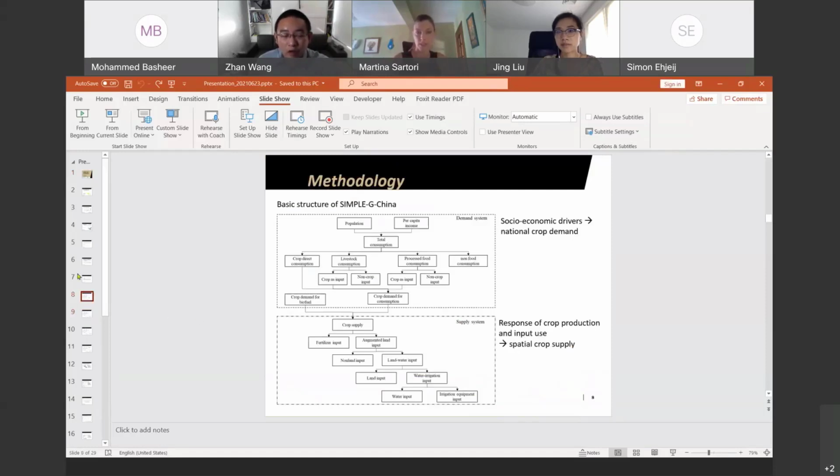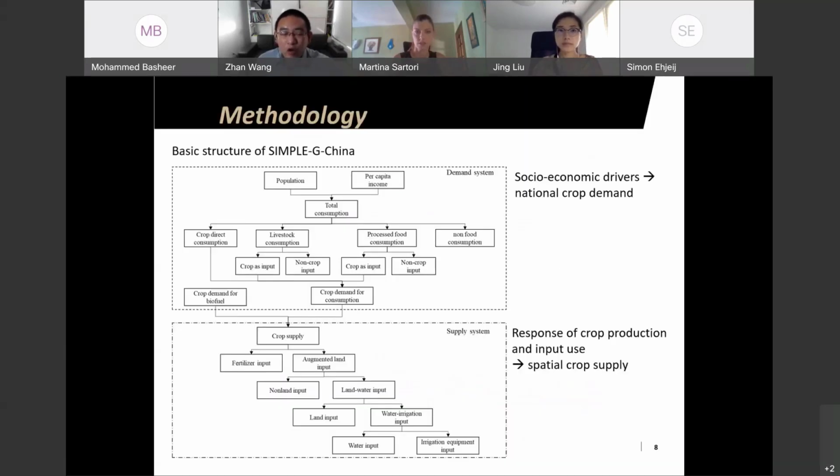Okay. So thank you for your question. The simple G China model is a variant of the general simple G model. It has a similar structure. For the crop supply system, we use CET functions to separate the crop supply into five different inputs, and each of the linkages we see here refers to a CET function.